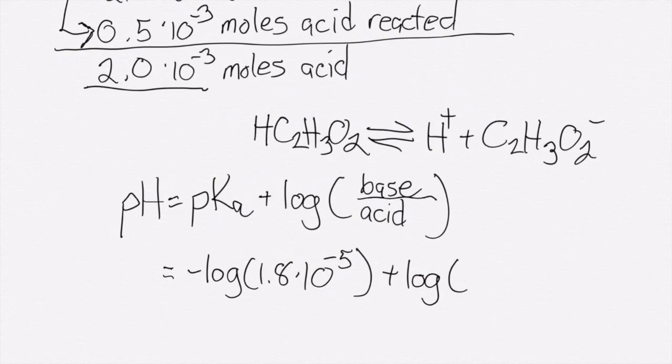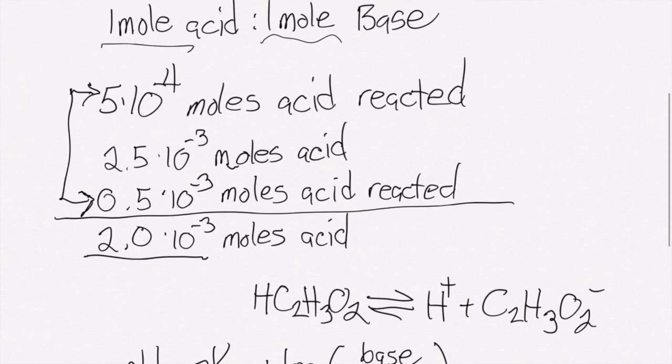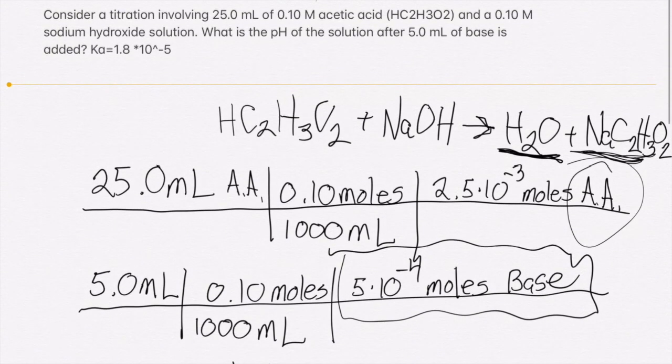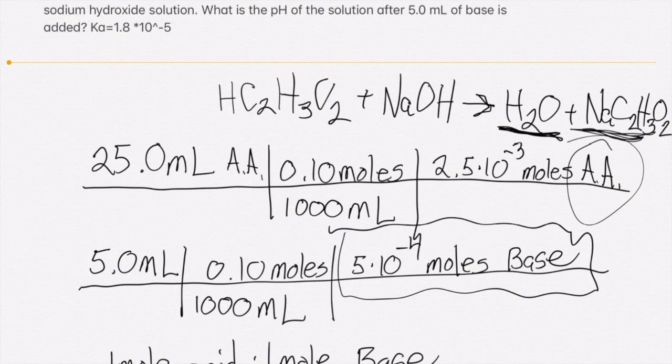In this case, the base was 5 times 10 to the minus fourth moles of sodium hydroxide. And one of the things we get from this neutralization is some acetate ions paired up with sodium.